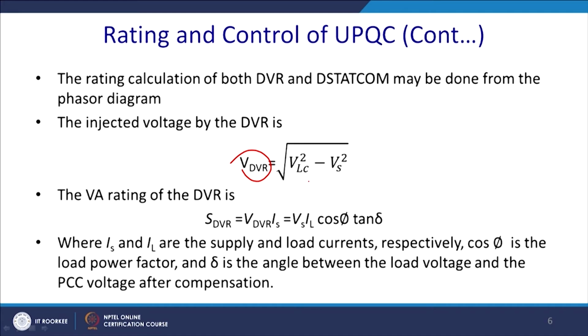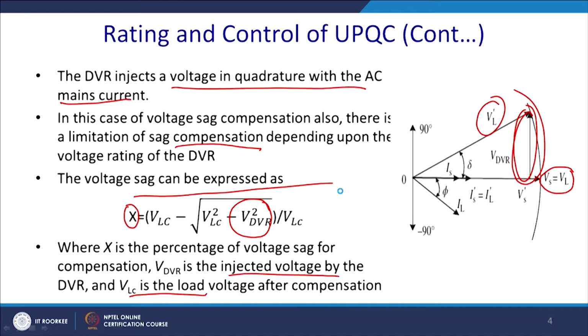Thus, the VA rating of the DVR is VDVR into IS, where IS is the source current, because it will see the total rating of it. So, Vs into IL cos phi into tan delta will come into the picture. Let us go back and understand what the tan delta component is.